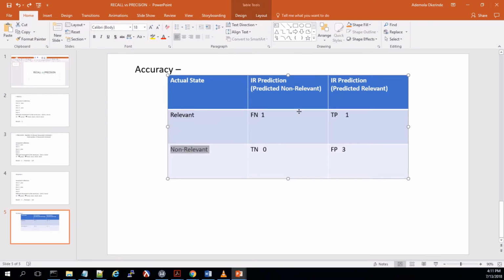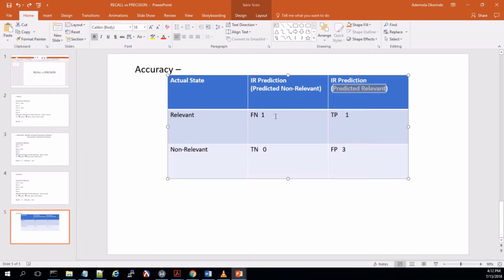It's the same concept. Now these are our IR predictions. The IR system can predict that the document is not relevant, or that it is relevant. You can also say predicted negative, predicted positive. It's the same concept.